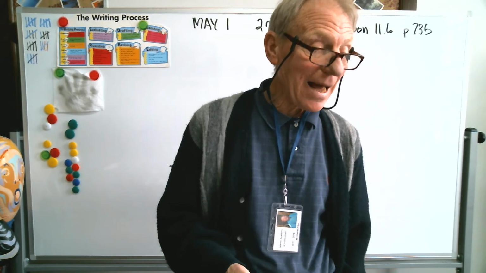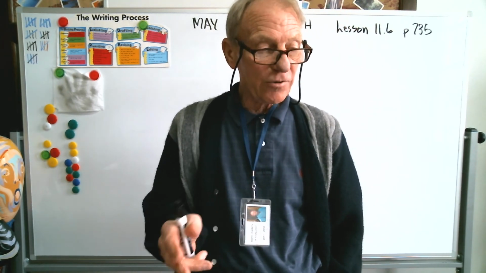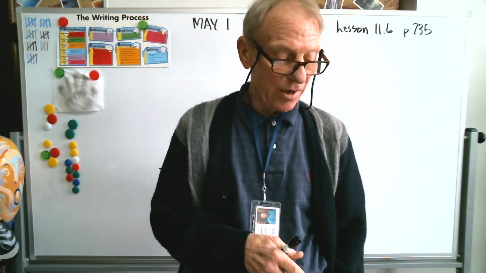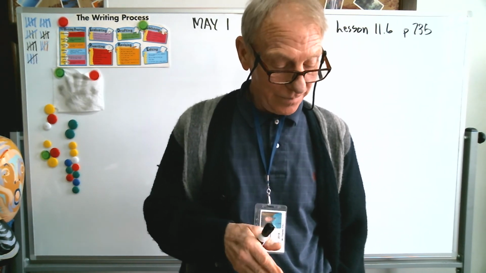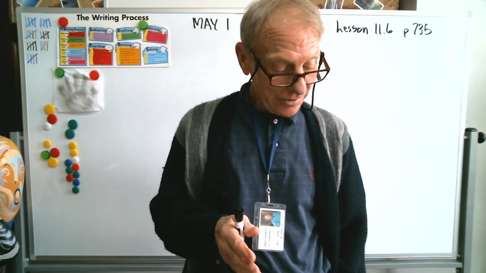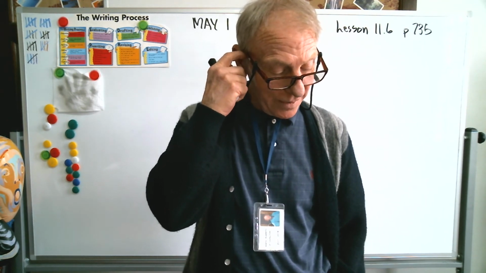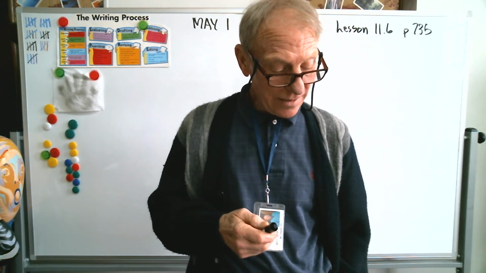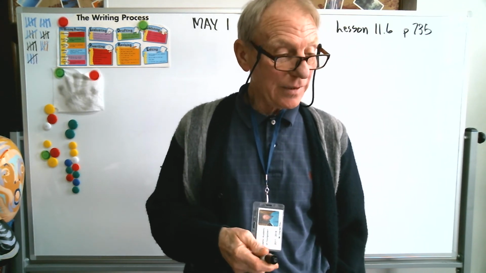And then we have a tally chart. Remember, we've had a couple picture charts in the past. This was a tally chart where you make a line for every piece of data. And it's asking you to use that tally chart to determine how many children chose basketball as their favorite sport. So you got to count the hash marks.